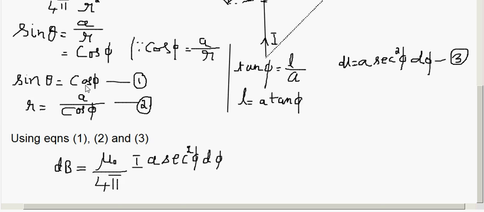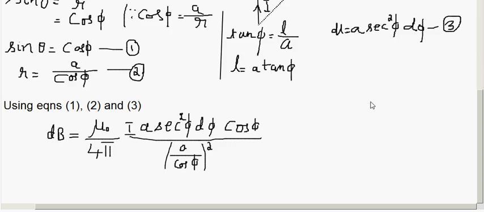I dl sin theta, sin theta is cos phi, divided by r square. r is A by cos phi, so A divided by cos phi whole square.